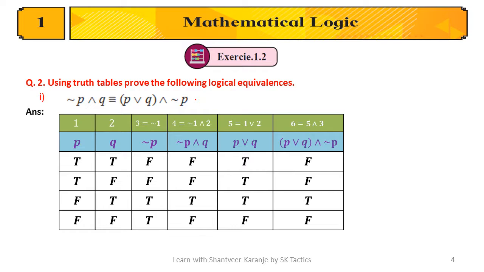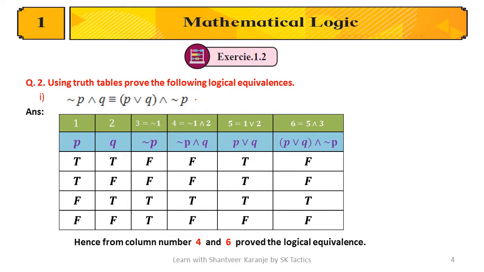So by columns 4 and 6, we can conclude that the given logical statements are equivalent. So we need to write below, hence from columns 4 and 6, proved the logical equivalence. Likewise, you can solve the remaining questions.